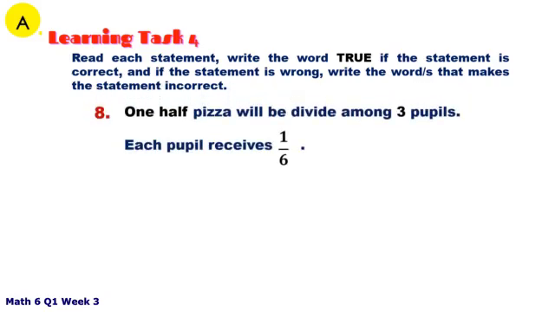Number 8. One pizza will be divided among 3 pupils. Each pupil receives 1/6. True.